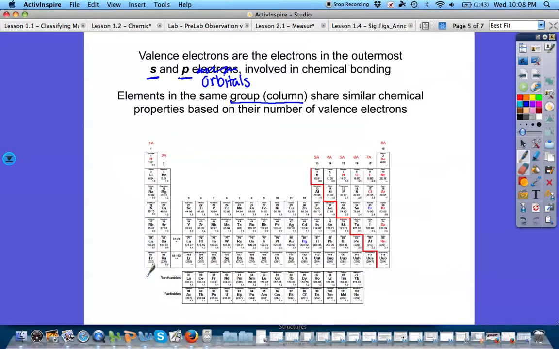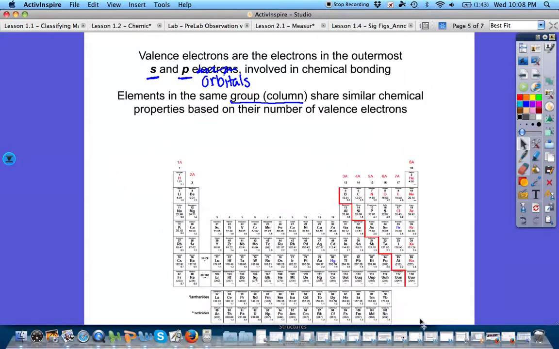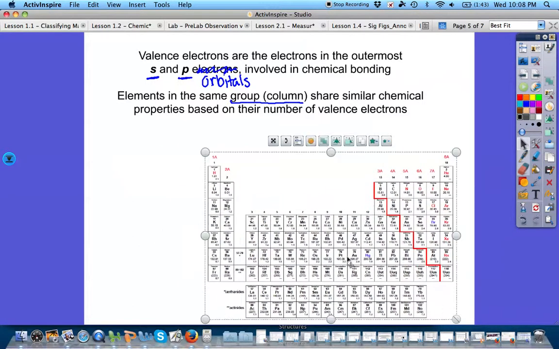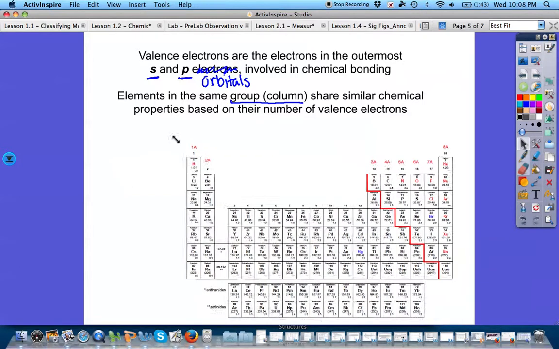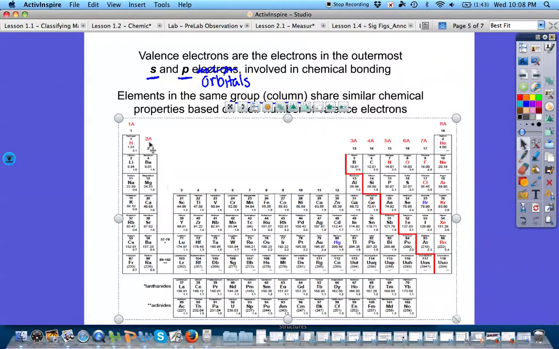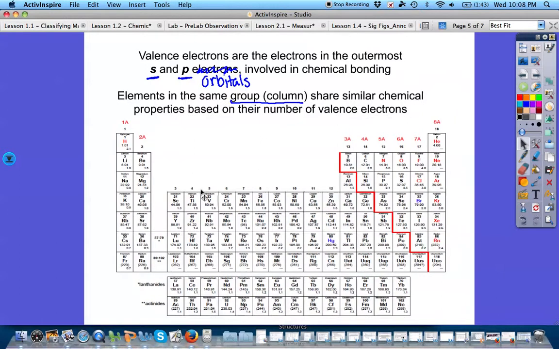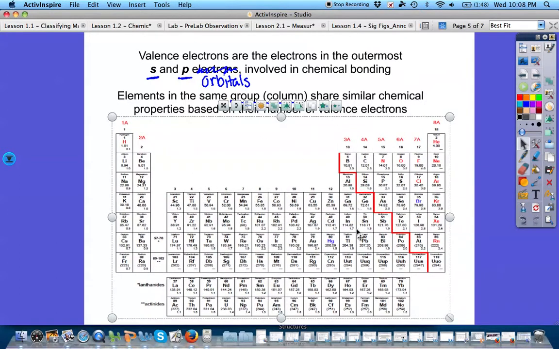So everything in the 1A column has 1 valence electron. Everything in the 2A column has 2 valence electrons. 3A has 3, 4A has 4, 5A has 5, 6A has 6, 7A has 7.